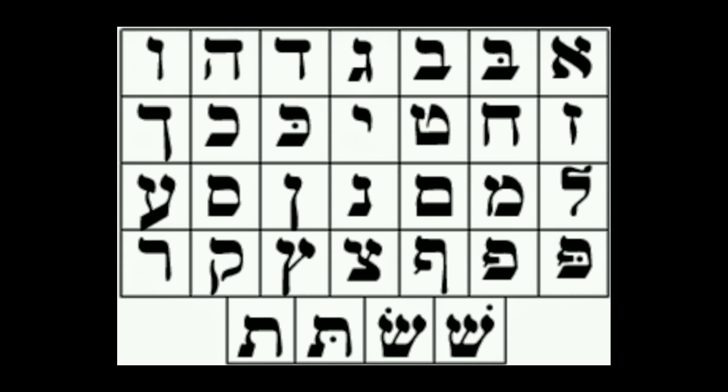For example, the letter dalet and a patach is da. First you make the D sound and then the A sound. First the sound of the letter, followed by the sound of the vowel.